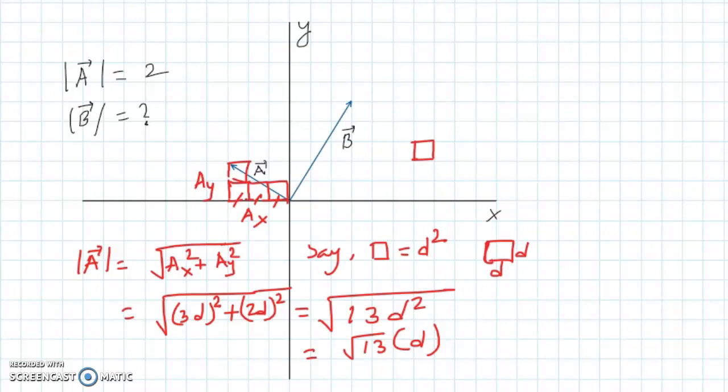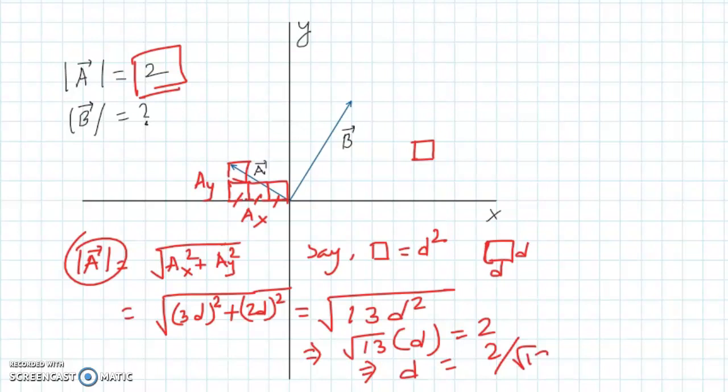Now we know the magnitude of a is given, which is 2. So this will be equal to 2, and we can find d equals 2 over the square root of 13.